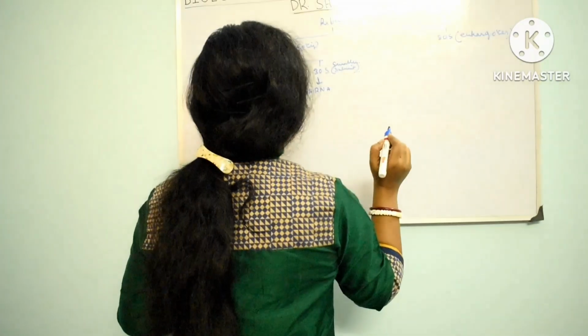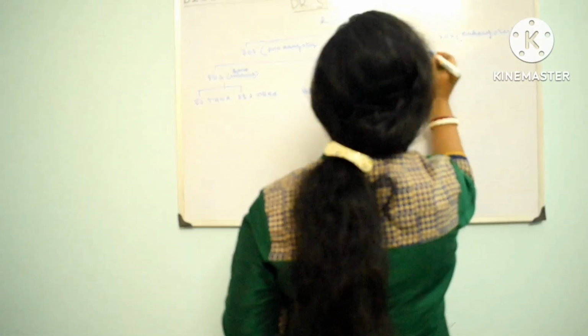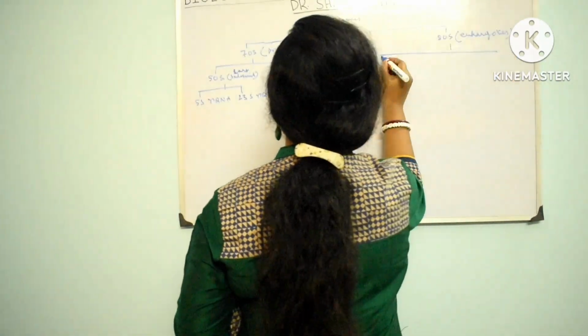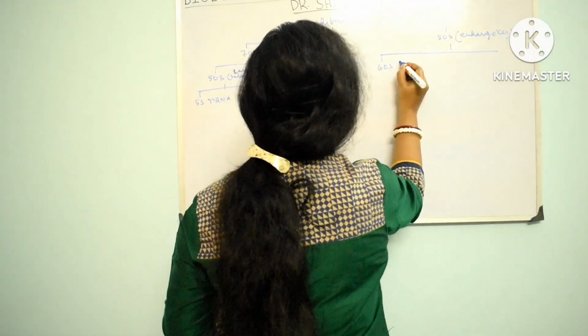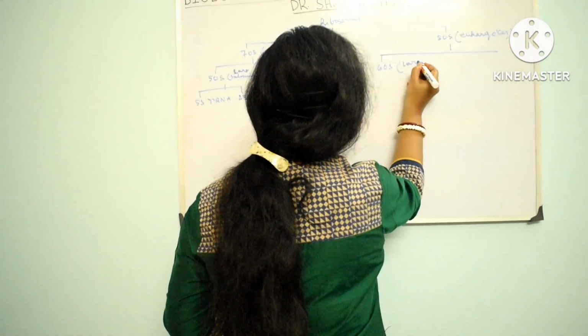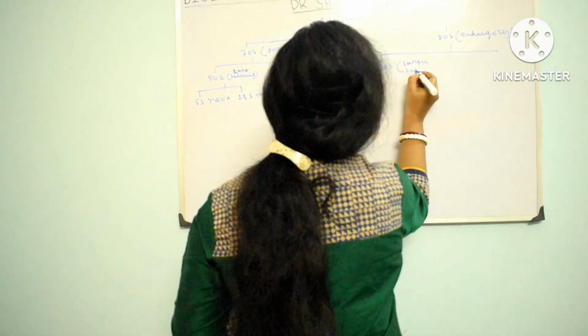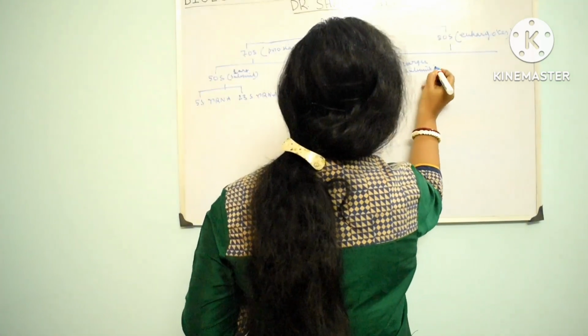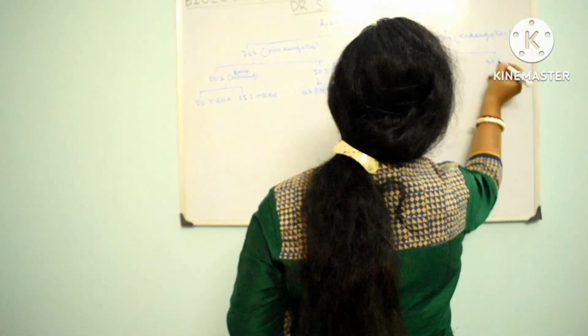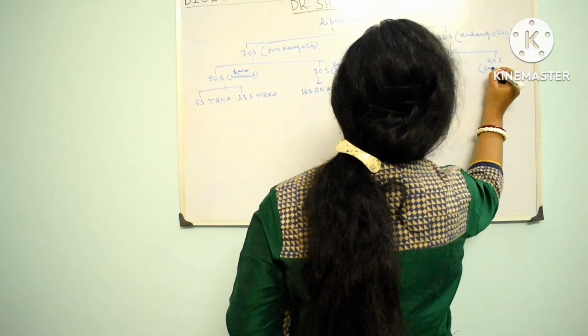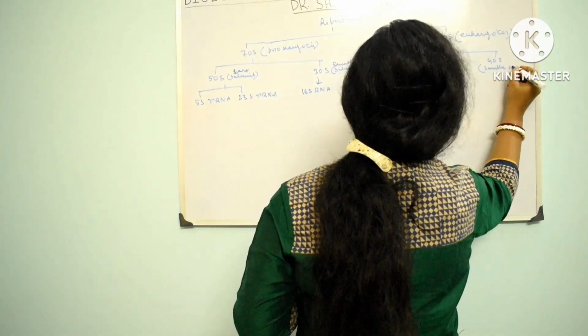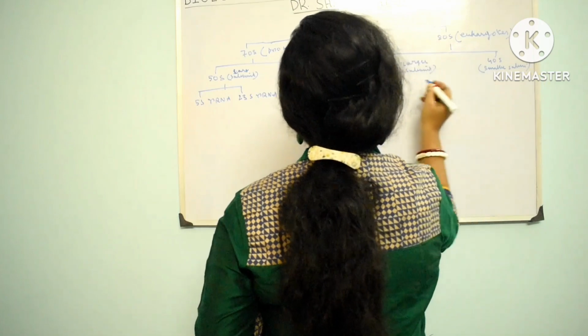In the case of eukaryotes, the 60S is the larger subunit and the 40S is the smaller subunit.